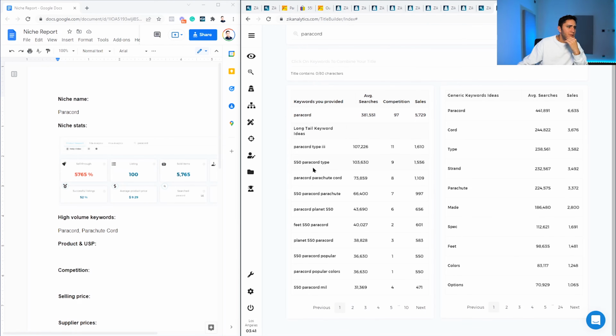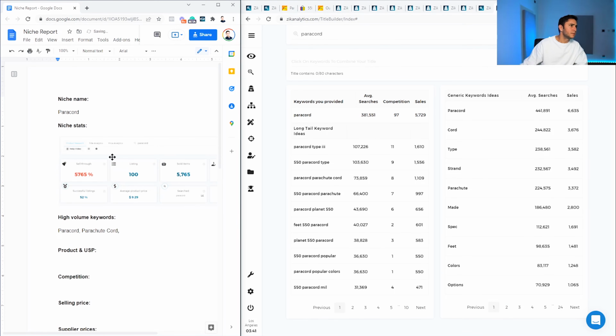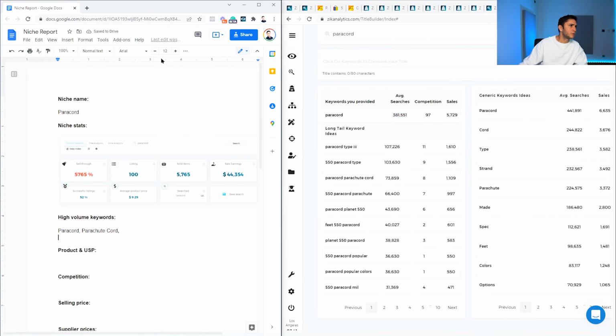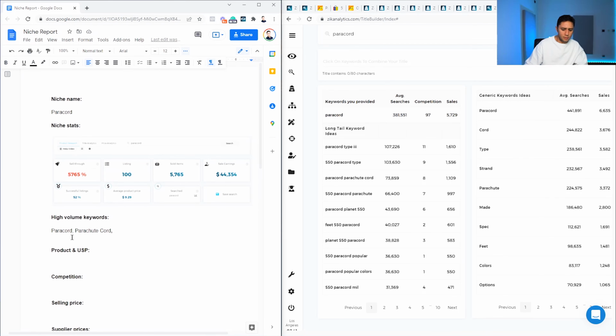The 550 paracord, it's also a strong keyword, so I will put it here as well. 550 paracord. I can see that Planet is a brand, so the type 3 is also something I want to put. Okay. And I'm good to go.